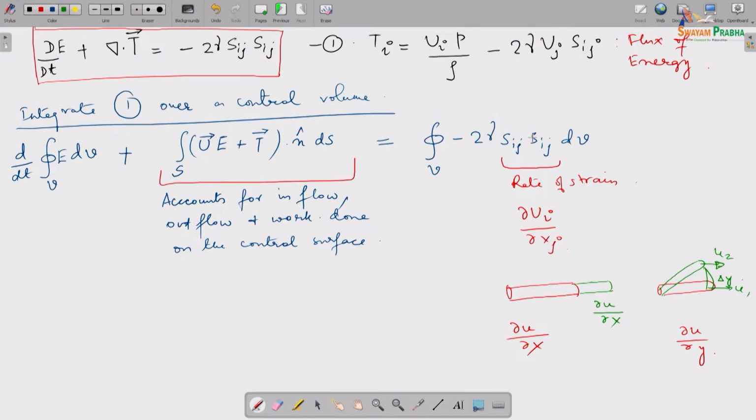So that is the kind of strain that we are talking about. Now, when I take that strain and multiply two of these, that gives me that into the volume, and I multiply that by the viscosity. So it is basically giving me an idea of an energy content.